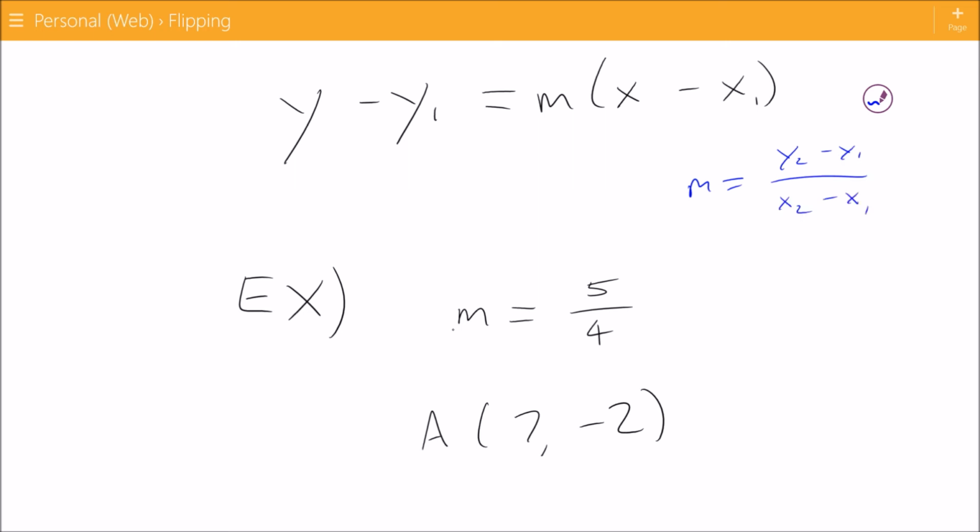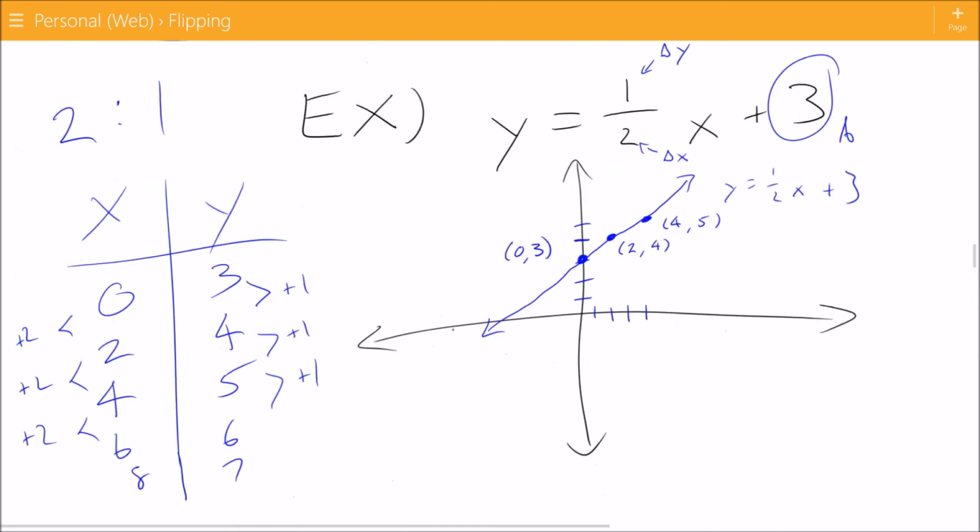If I take the difference in two y values of points and the difference of their x values, that tells me my slope. That tells me my change going back up to here.